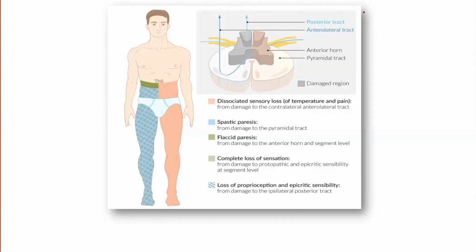Here, the Brown-Sequard syndrome again. You will have contralateral pain and temperature due to affection of the contralateral spinothalamic tracts.